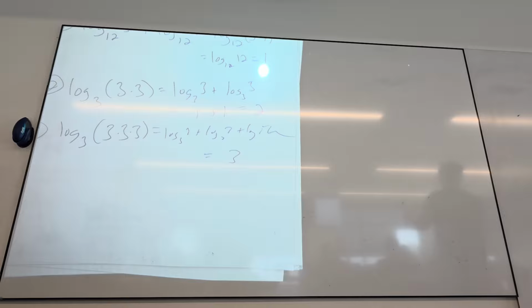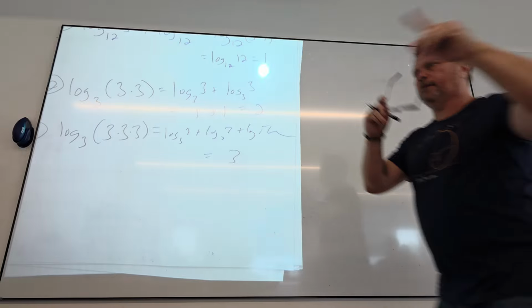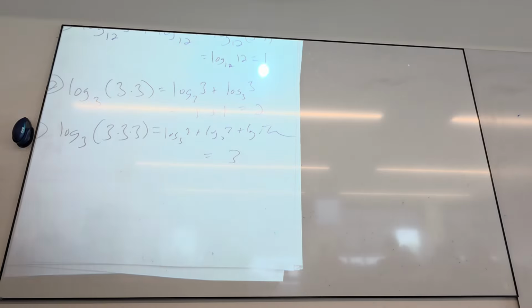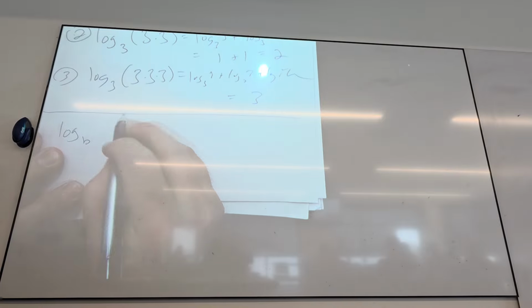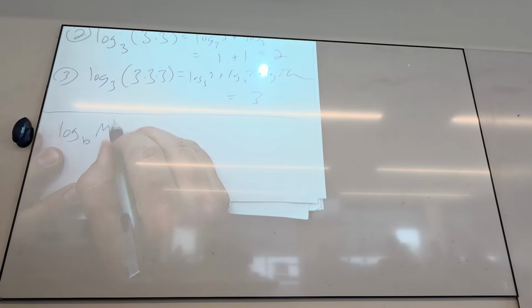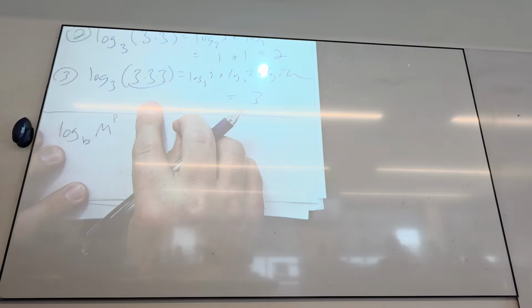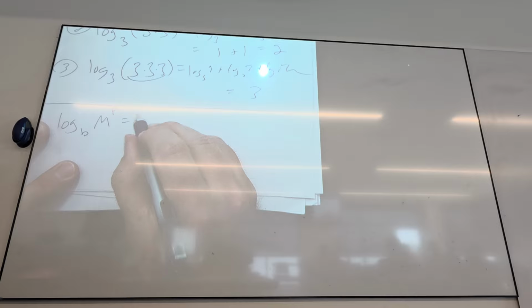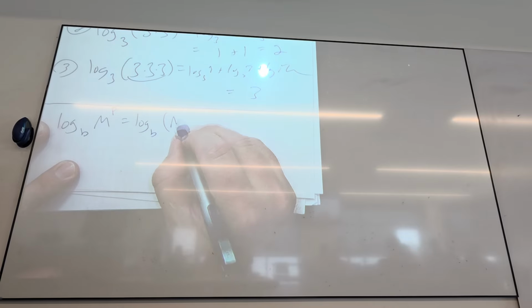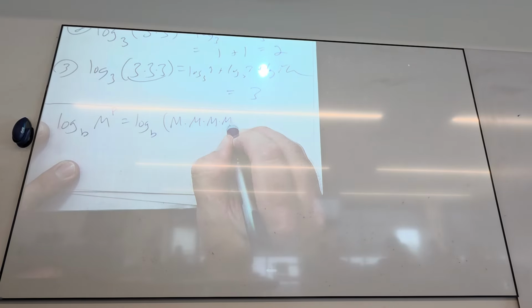So here's my point. Here's the most important property, but it exists because we can prove it using the first property. This is going to look a little trippy. If I'm going to do log base b of m to the p, do you see how this is like 3 to the third? That would be log base b of m times m times m, p times.